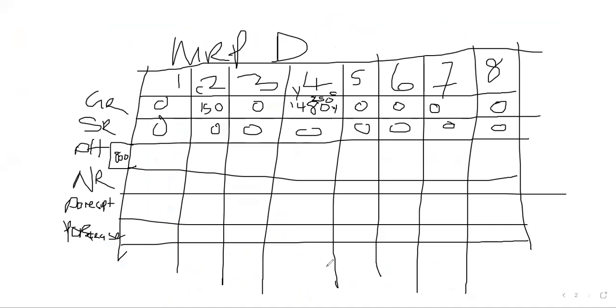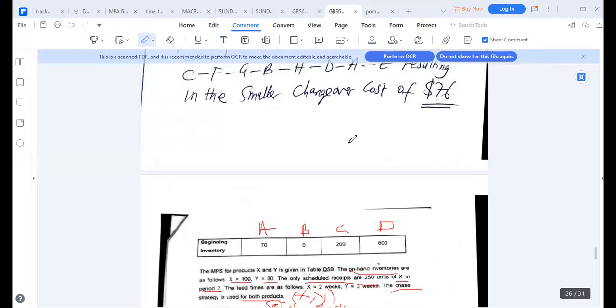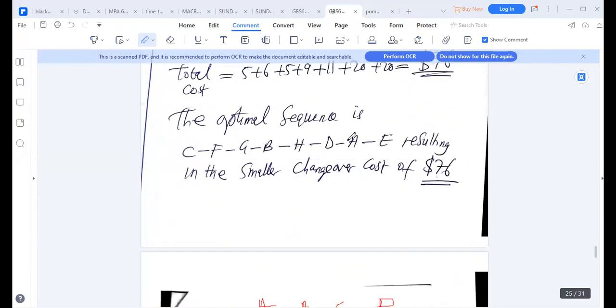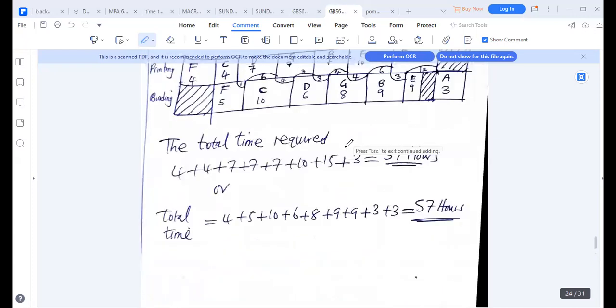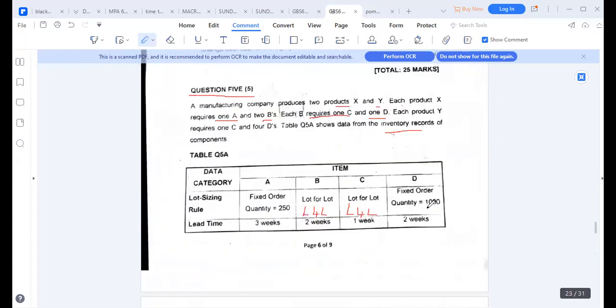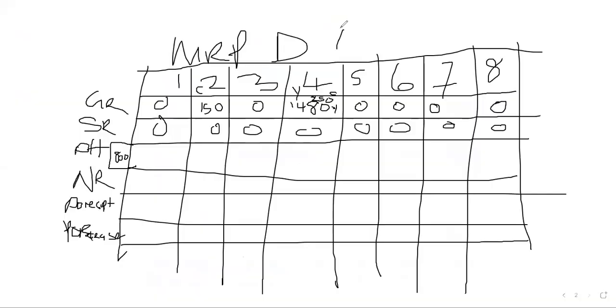So the lot size from there is also supposed to be considered. The fixed lot size is 1,000, so you put a fixed order quantity of 1,000.